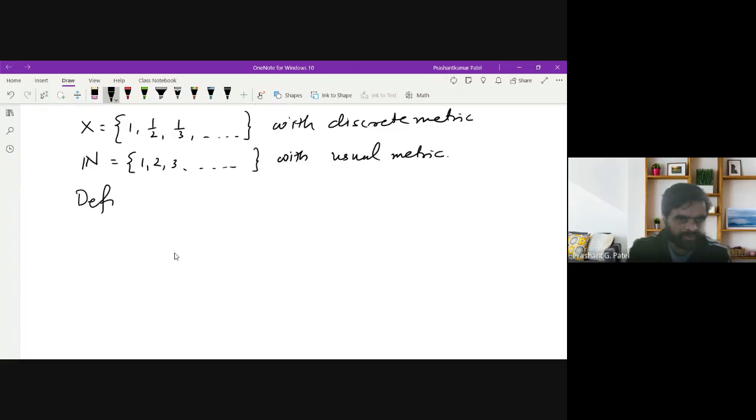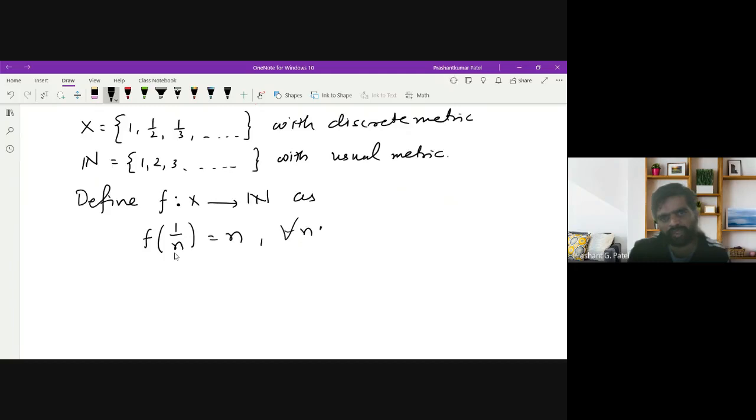Now let us define this map f from X to N as f of 1 by n is equal to n. So any element of X looks like this. This is true for every n in N.